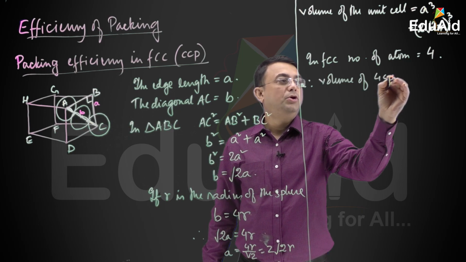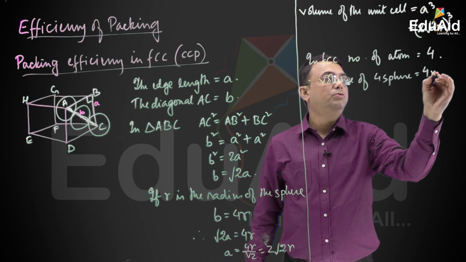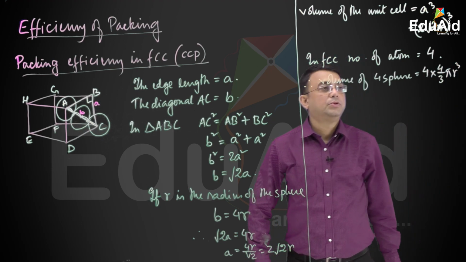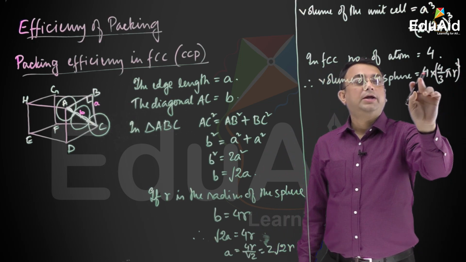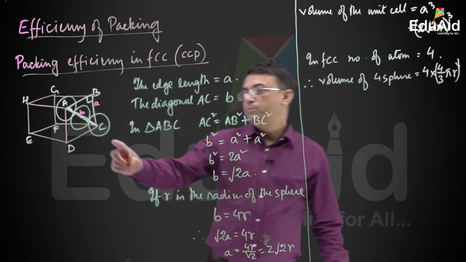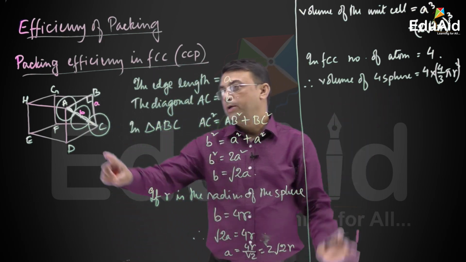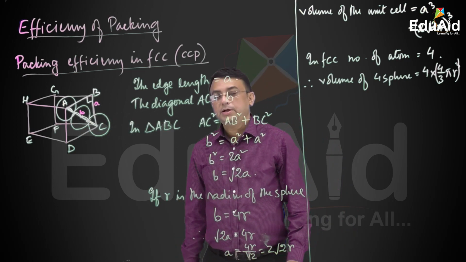Therefore the volume of 4 spheres is equal to 4 into 4 by 3 pi r cube. Now 4 by 3 pi r cube is the volume of one sphere, and into 4, 4 টা atom ৰ বা 4 টা sphere ৰ volume যিটো occupy হৈ আছে, so this is the space occupied within this unit cell, and this is the total volume of the unit cell.